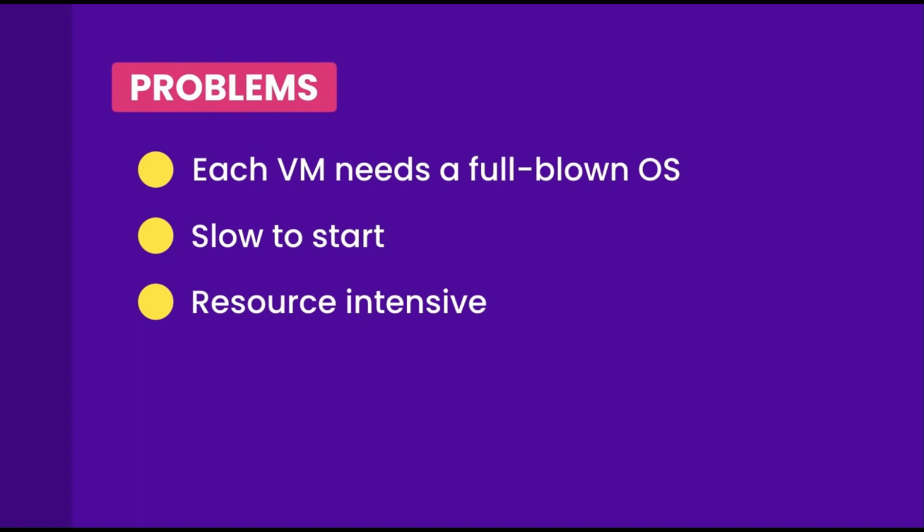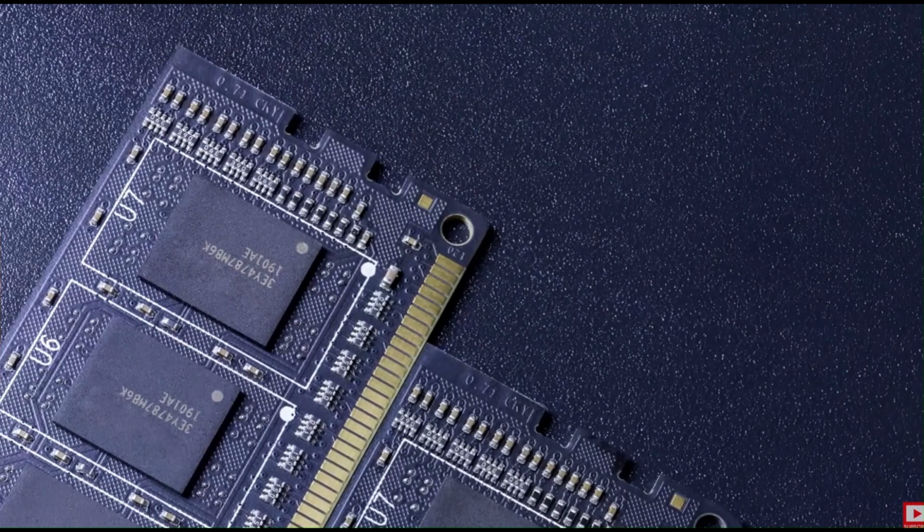Another problem is that these virtual machines are resource intensive because each virtual machine takes a slice of the actual physical hardware resources like CPU, memory, and disk. So, if you have 8 gigabytes of memory, that memory has to be divided between different virtual machines.